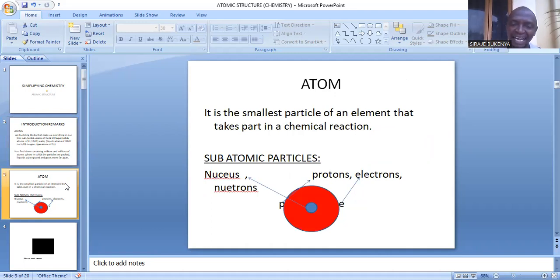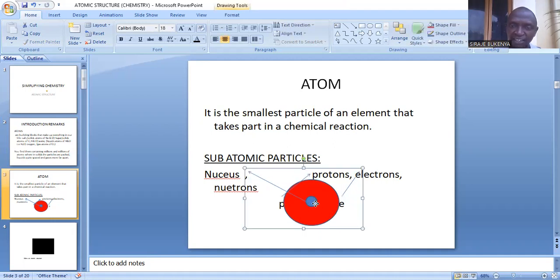But in the atoms, you have also subatomic particles. You can talk about the particles we call the neutrons, the protons, and the electrons. At the center of the atom, we have what we call the nucleus. It is at the center of the atom, and then you have the electrons.